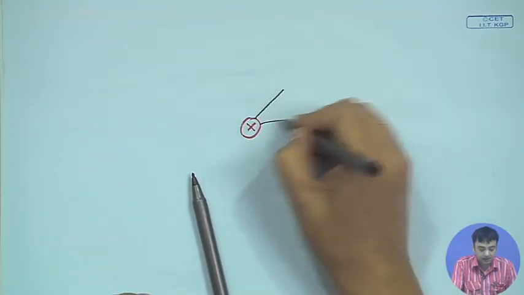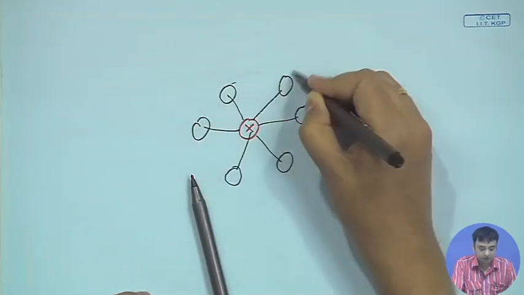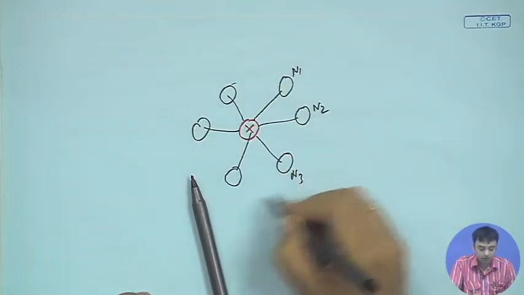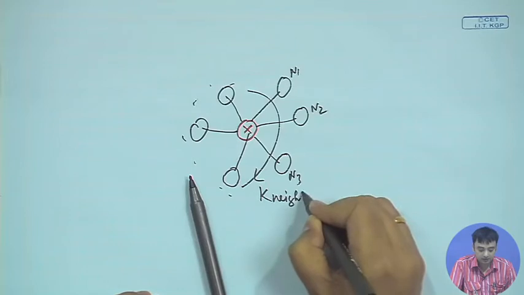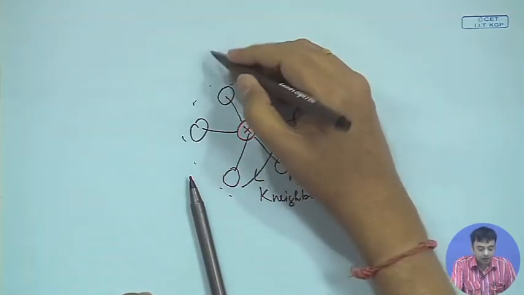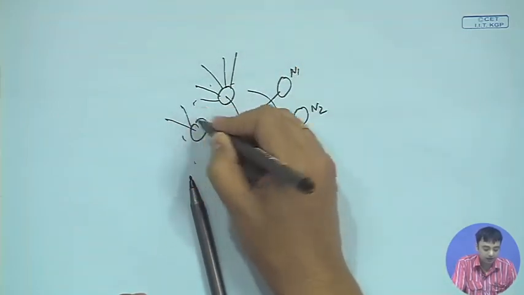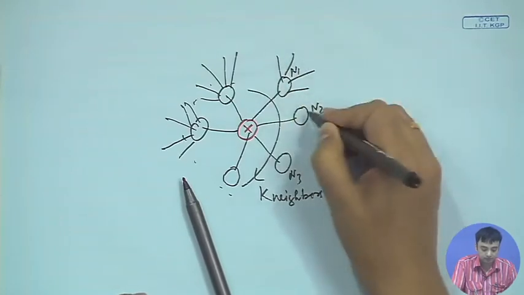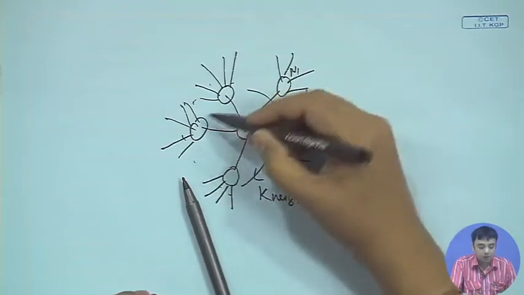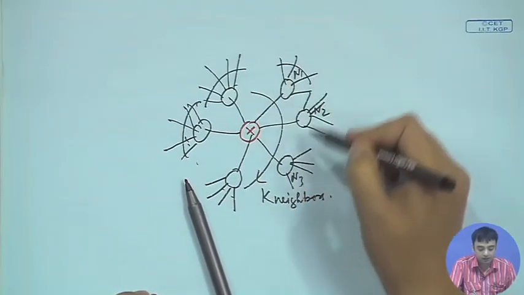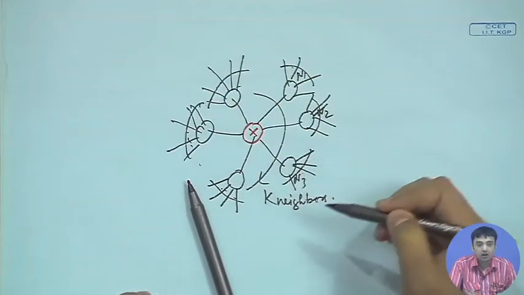Now, say x has k neighbors, n1, n2, n3 up until k neighbors, and then we see what is the degree of each of the individual neighbors. We find an average of the degree of all the neighbors, that is the nearest neighbor degree.